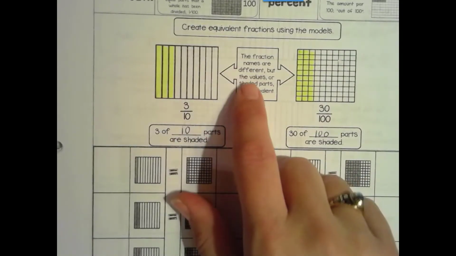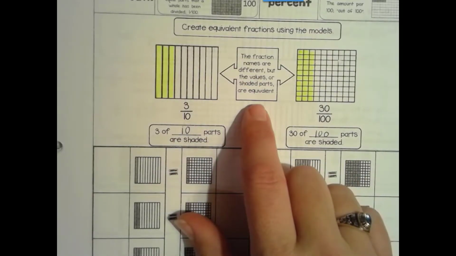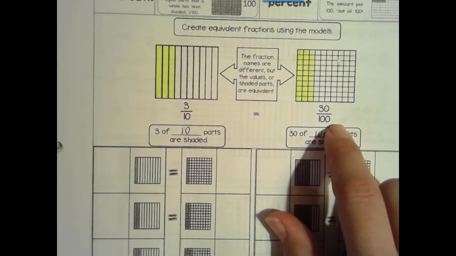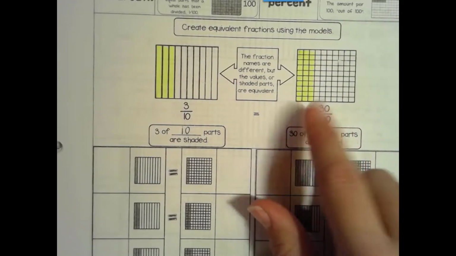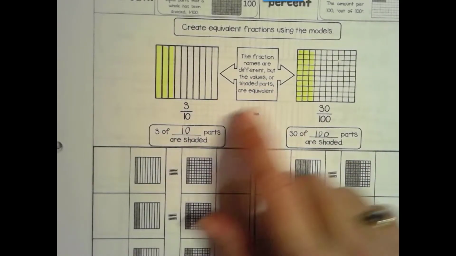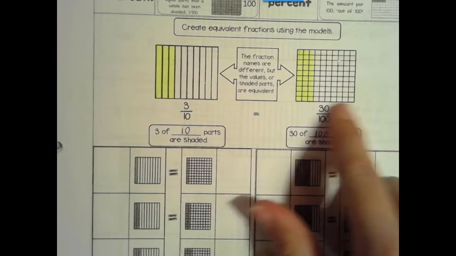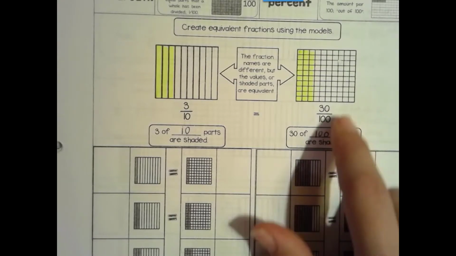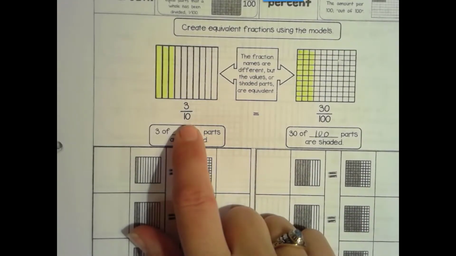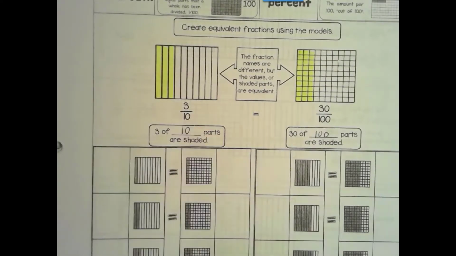The fraction names are different, but the values or the shaded part are equivalent. So this is times 10. That means it's been cut into 10 more pieces. Or if I wanted to simplify and make groups of 10, I could do that. I could divide each one of these by 10 and simplify or get to our equivalent fraction with lowest terms.